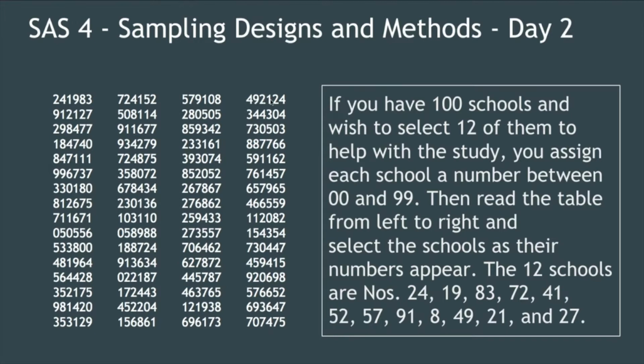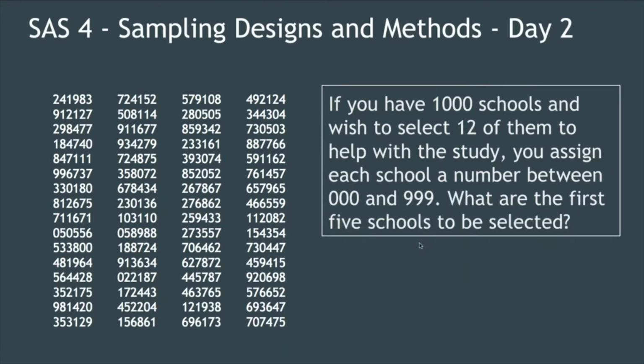Now here's where we run into a problem. We want 12 schools. We can't use the same school twice. So we've already had 24 way back here, so we're not going to use 24. And then in the next row, 91. We already had 91 right here, so we can't use it again. And then 21 right here, we can't use it again, so the 12th school is 27. So those are your 12 schools.